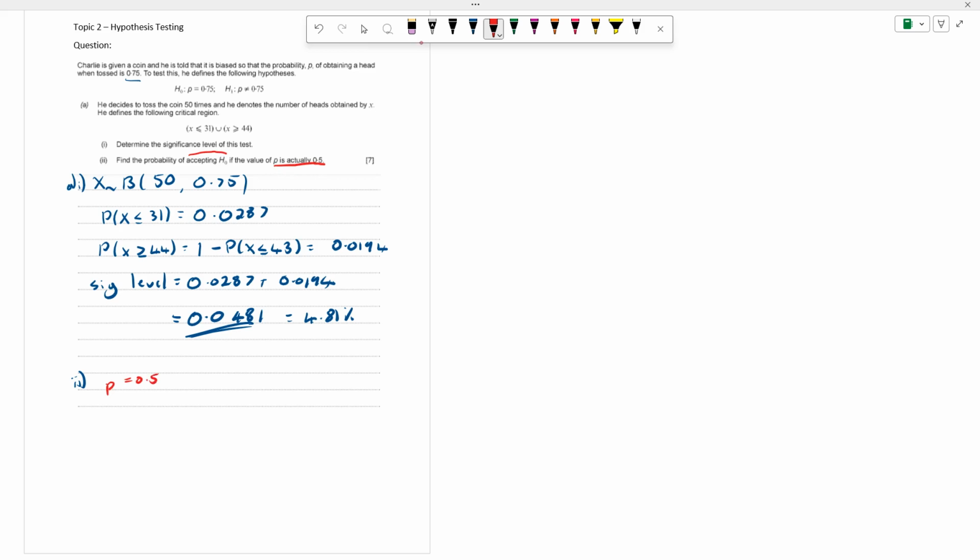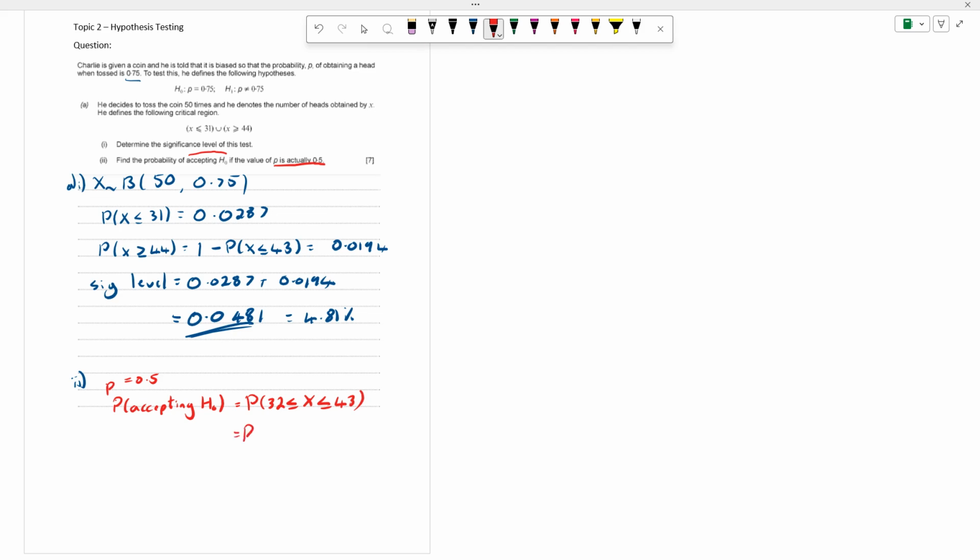Now the probability of accepting H0: if my critical region is being less than or equal to 31 or greater than or equal to 44, so that's my outside ranges, accepting H0 would be between those 2 ranges, which would be X greater than or equal to 32 or less than or equal to 43. Because 44 is included in the critical region, I have to go down 1, and same thing, 31 is included, so I have to go up 1.